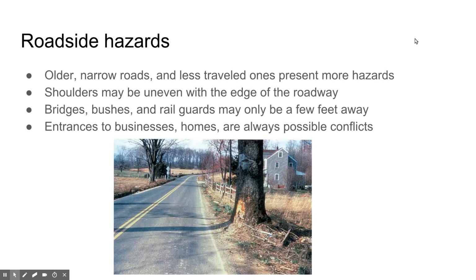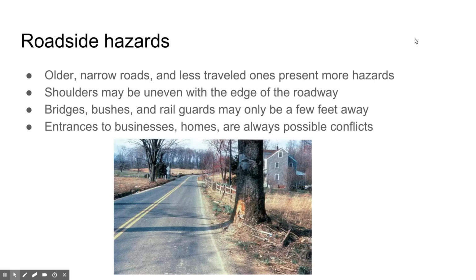Roadside hazards. On our roads for the rural areas, our roadside hazards may be closer to us. Look at this photo. This is a real road. There's a tree just feet off of the road. Okay, that's very, very common. There's no shoulder on this one.